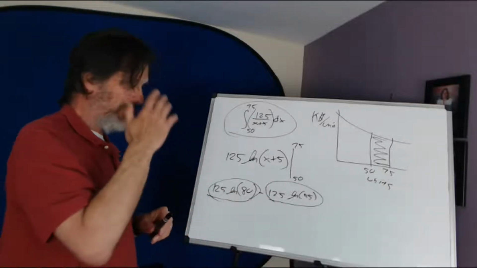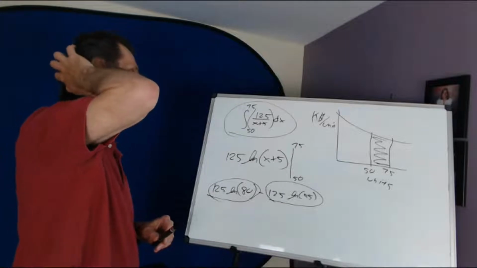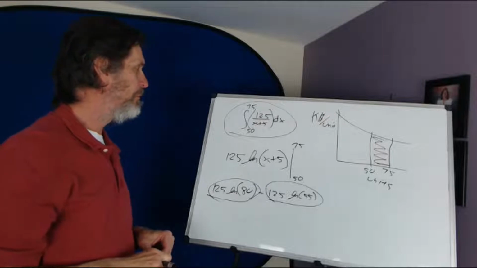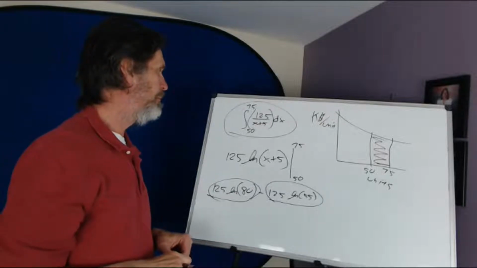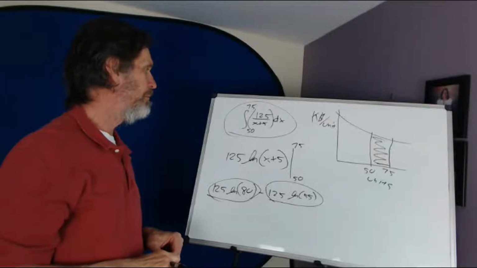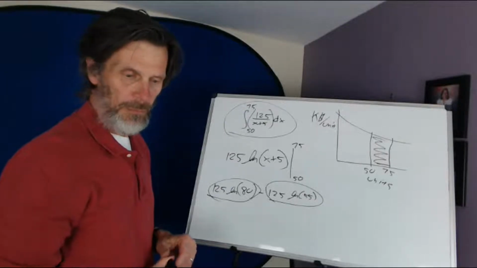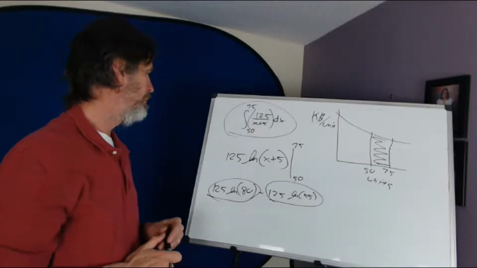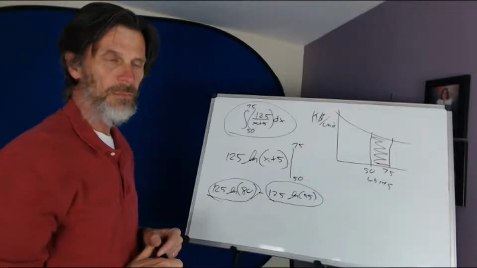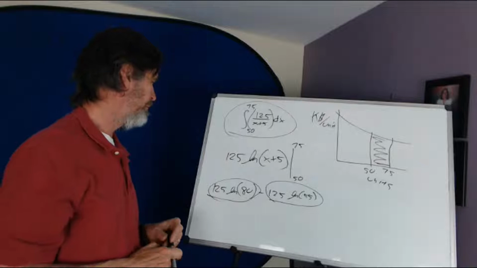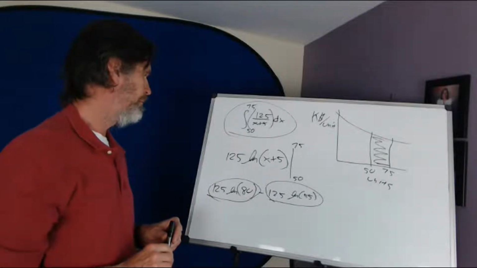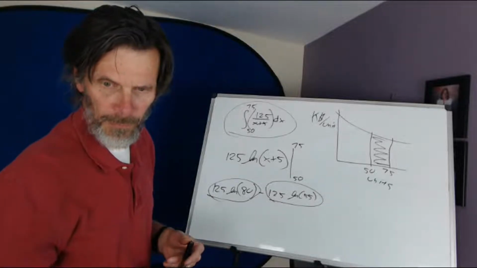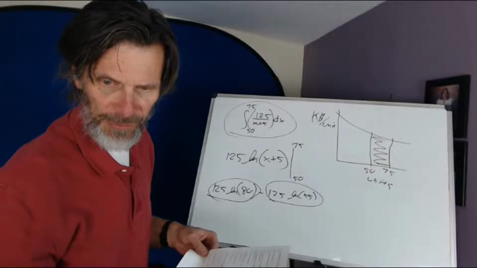So 125 natural log of 80 minus 125 natural log of 55. $46,837. Good.